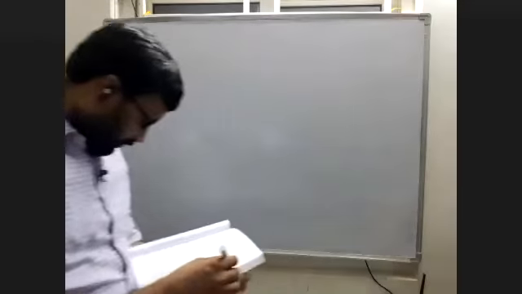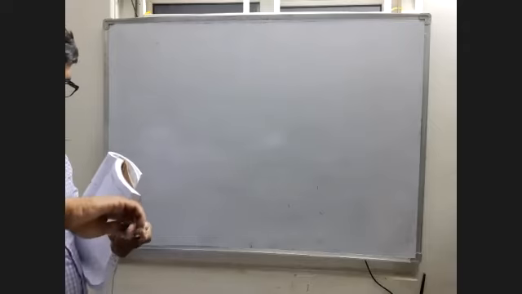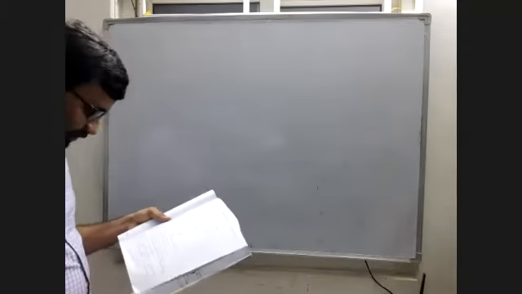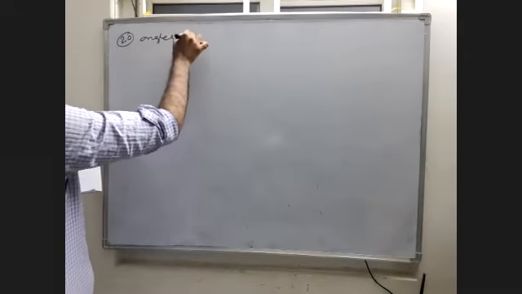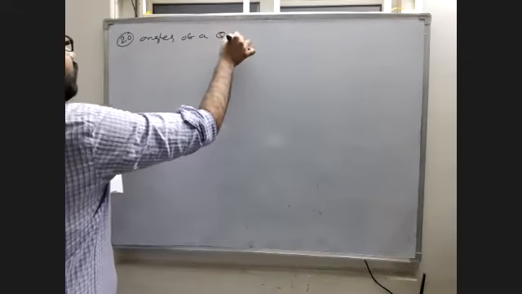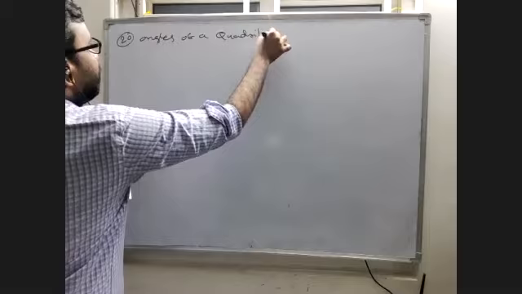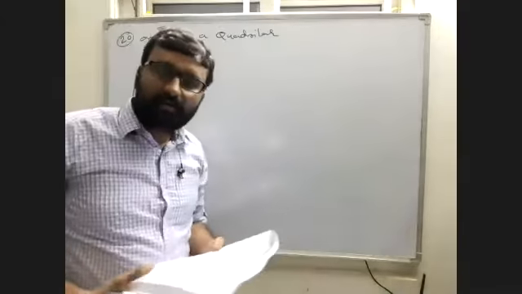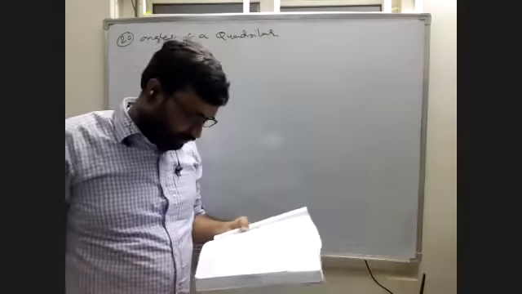The question is, the 20th question I'm writing. The angles of a quadrilateral. Quadrilateral means having 4 angles.